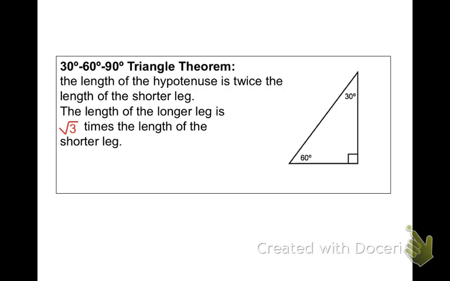And go ahead and make a diagram of that right triangle off to the side, wherever you have space. So the length of the hypotenuse is twice the length of the shorter leg. The length of the longer leg is the square root of 3 times the length of the shorter leg.